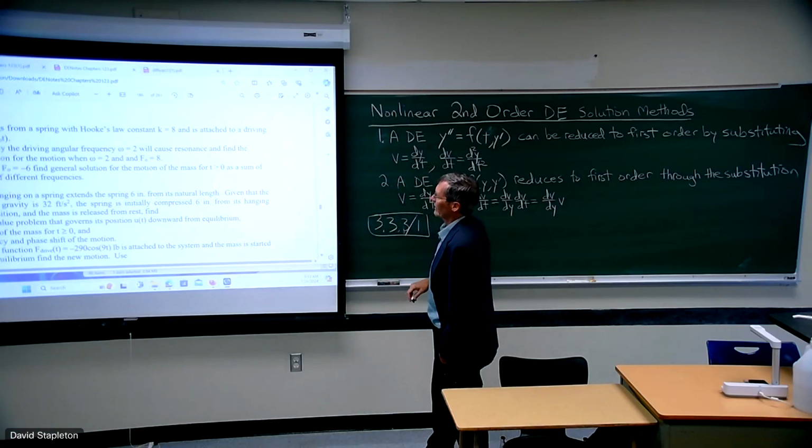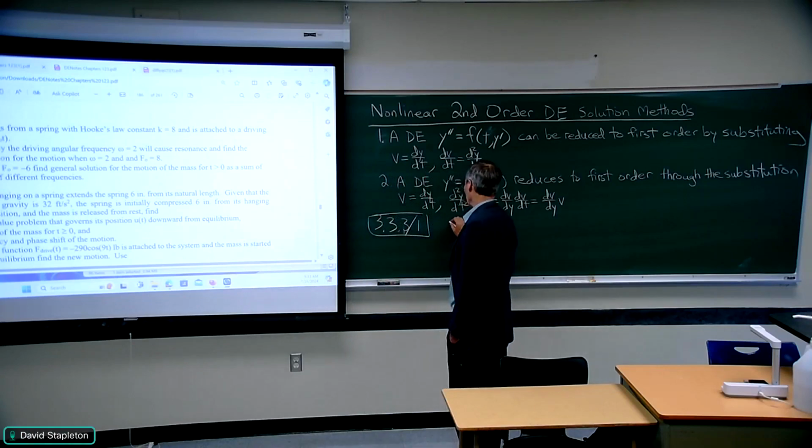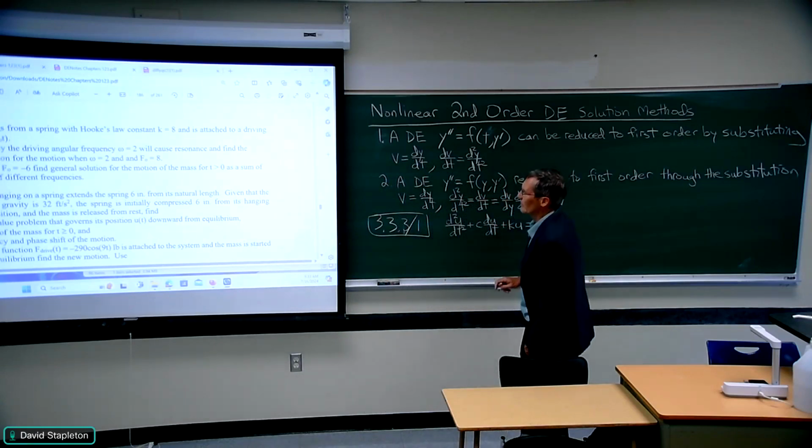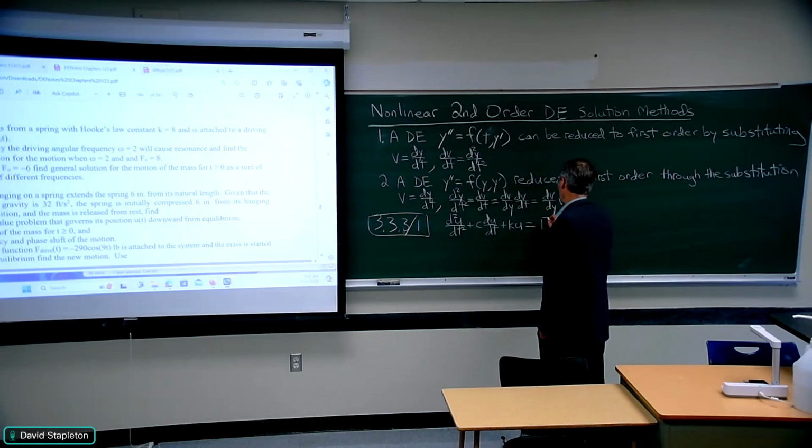what we have then is the basic equation says d squared u dt squared plus c du dt plus ku equals the driving force, which is F0 sine omega 0 t.